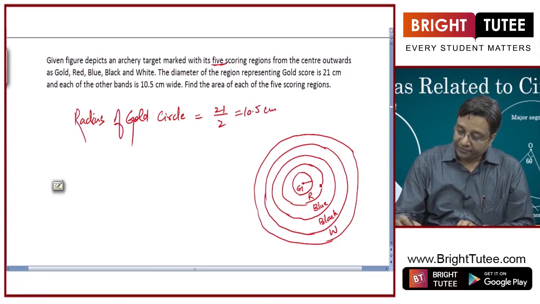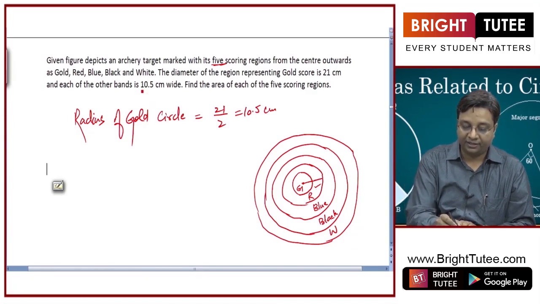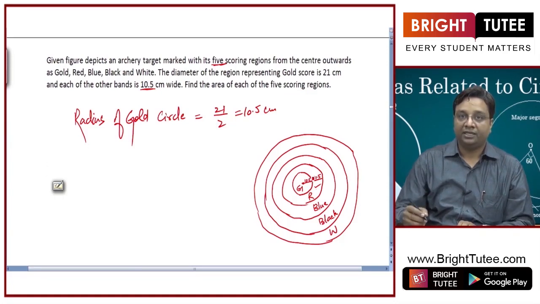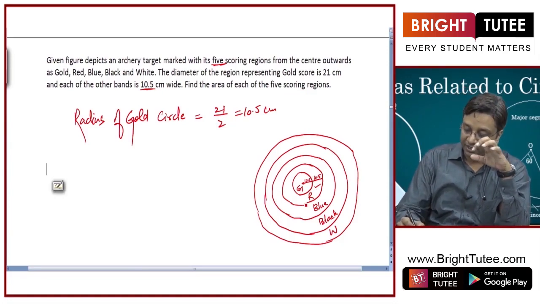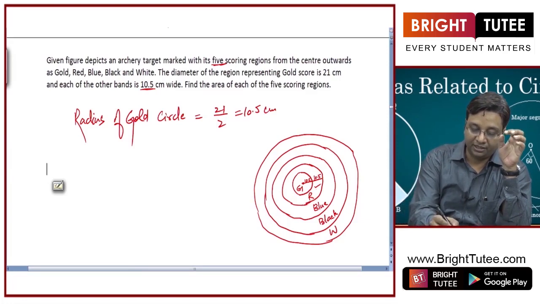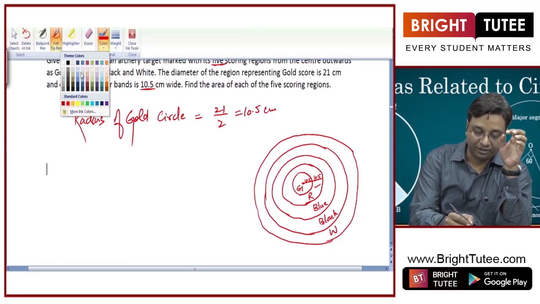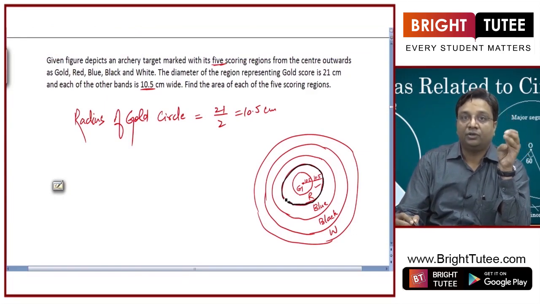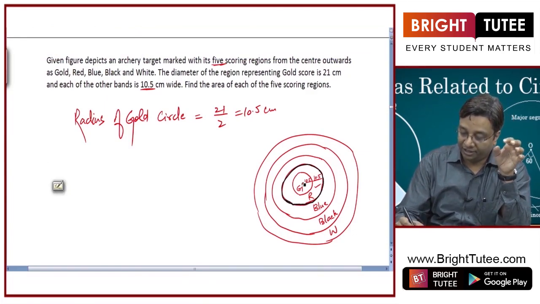Now look at this red area. The width of this area is given as 10.5 centimeter. So this is also 10.5, this radius was also 10.5. Now consider this circle. Center will remain the same.